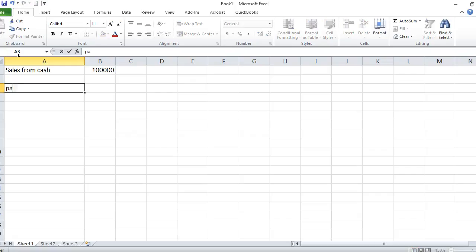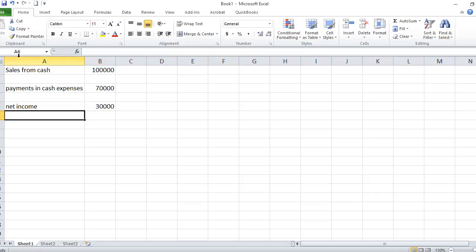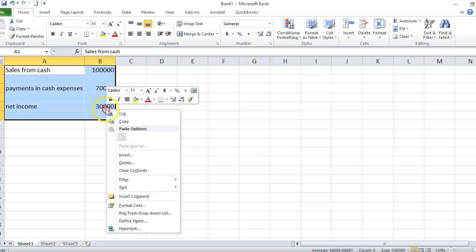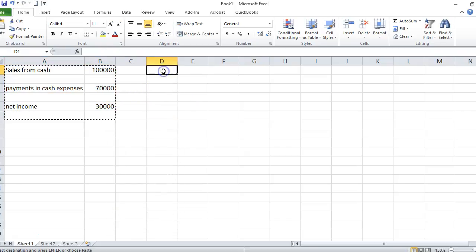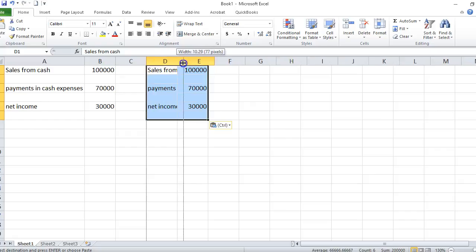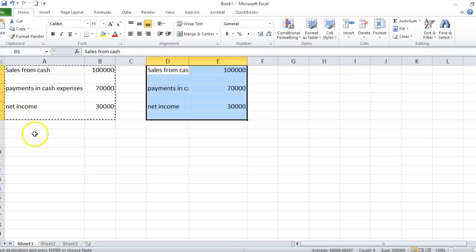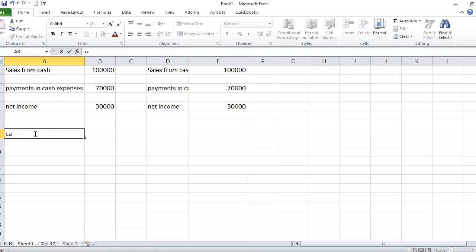And then we have payments in cash for expenses, 70,000. And we have net income of 30. Okay? In this case, our net income is going to be the same as our cash flows on our operating activities, right? Let's take this exact thing. And now let's add something to it. So this is going to be cash flows equal net income.